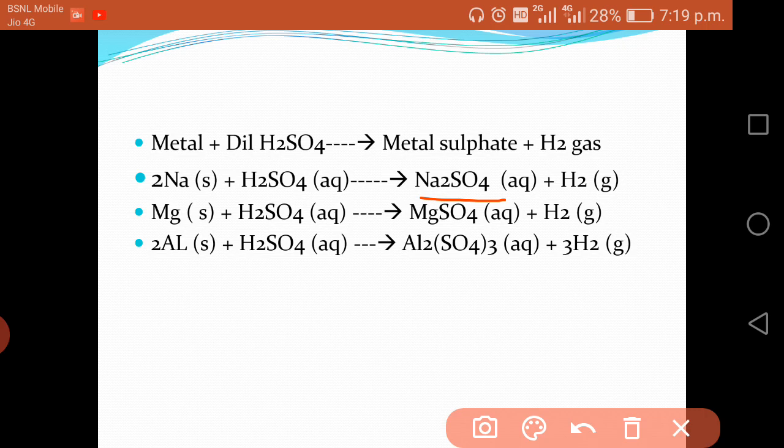Magnesium reacts with dilute sulfuric acid, magnesium sulfate and hydrogen gas is produced. And when aluminum reacts with the dilute sulfuric acid, aluminum sulfate will be formed and hydrogen gas will evolve.